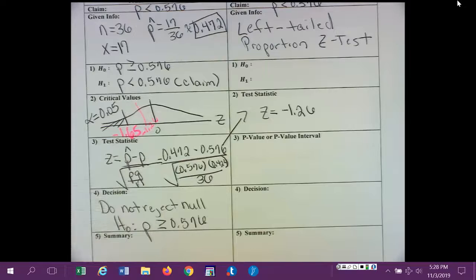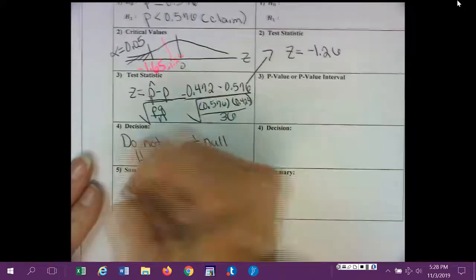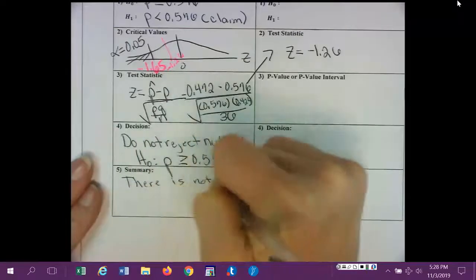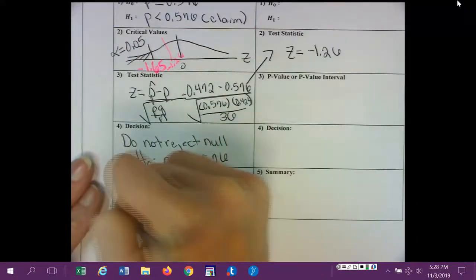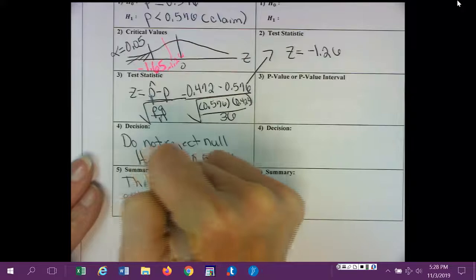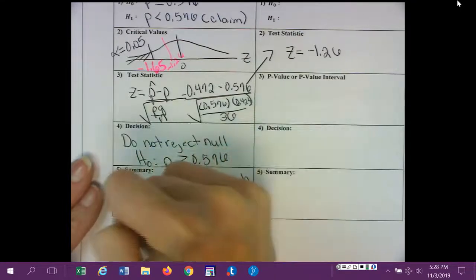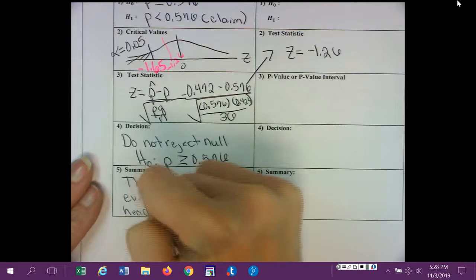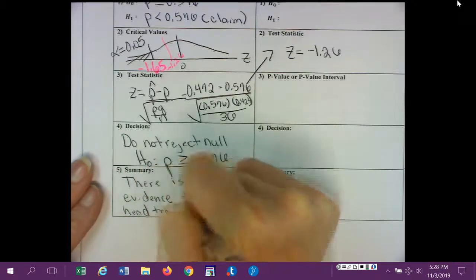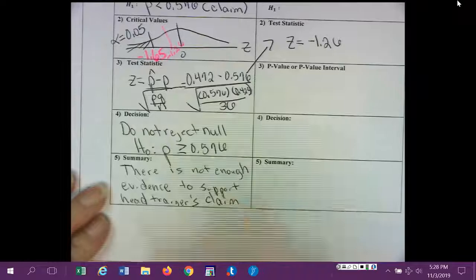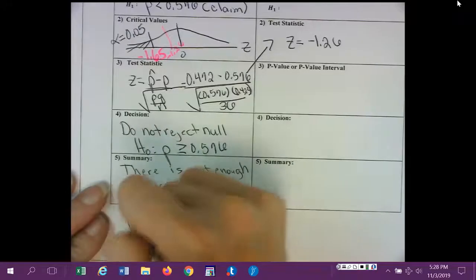If we cannot reject the null, then there is not enough evidence to support the head trainer's claim that it's too high for his conference, but please indulge me and let me do this.